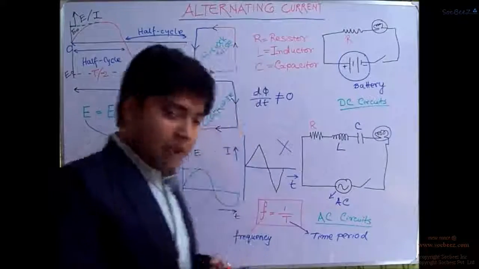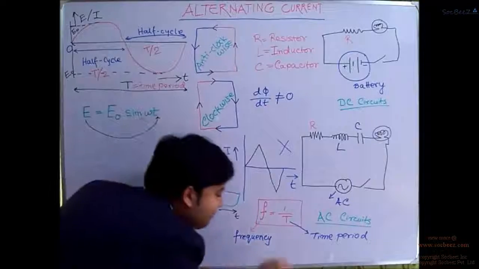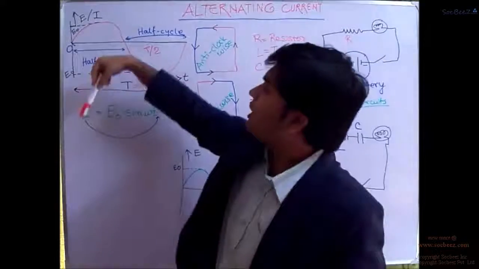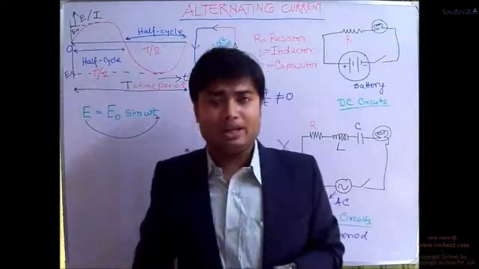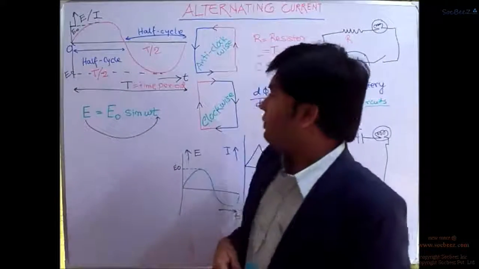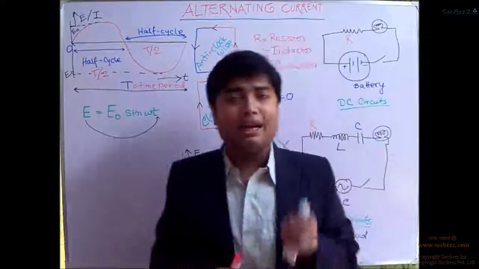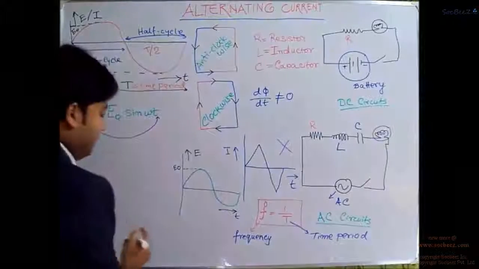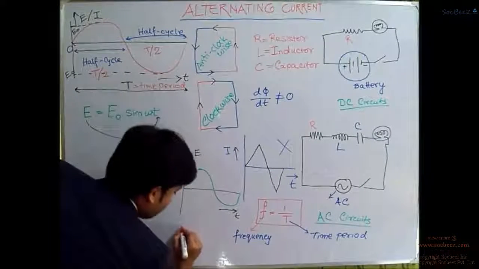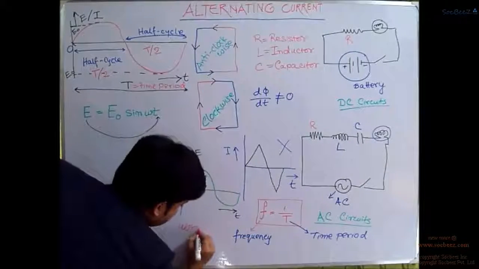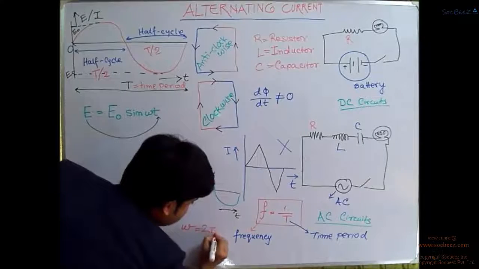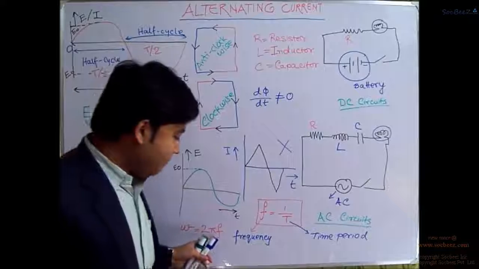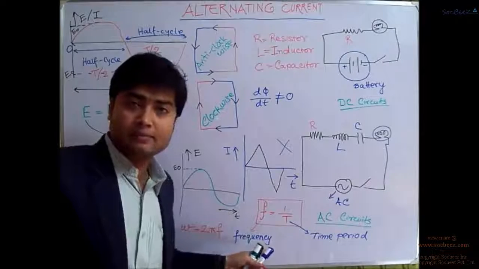Now the omega, as we know that this is the frequency, we have to now understand the angular frequency. The angular frequency is represented by omega, and its value will be equal to 2 pi f, or 2 pi multiplied by the frequency.